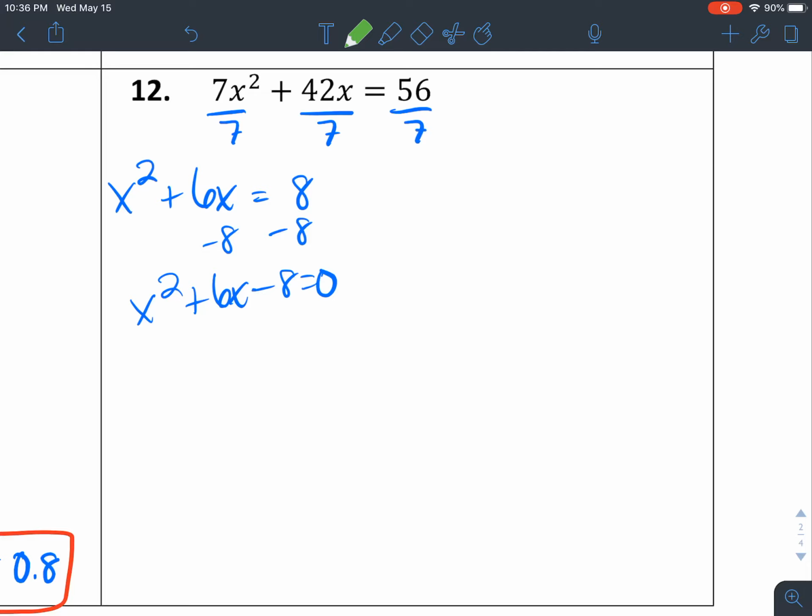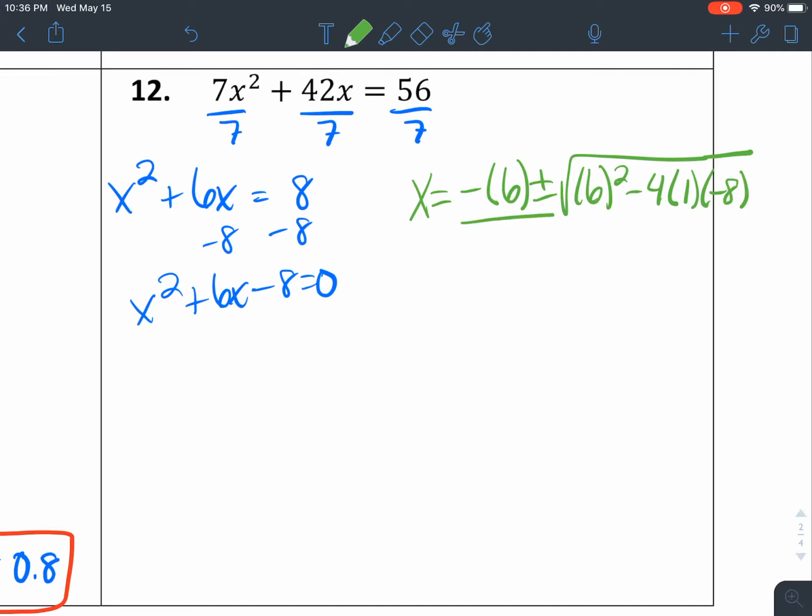So when I do this, I have, again, x equals -b plus or minus the square root of b squared minus 4 times a times c, all over 2a. So here B is 6, your A is 1, and your C is -8. So now I'm just going to go through and simplify. -6 plus or minus the square root of 6 squared is 36.